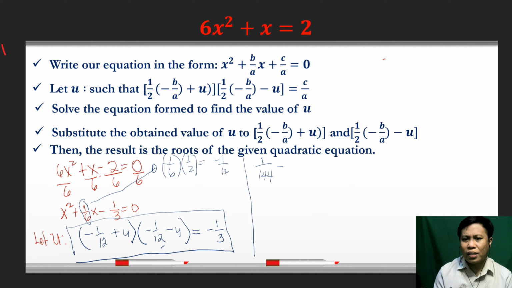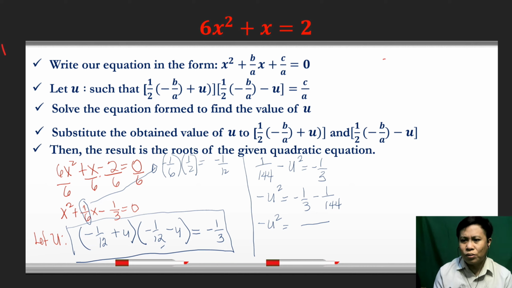Minus, copy the sign, the square of u is u squared equals negative 1/3. So negative u squared equals negative 1/3. We transpose the 1 over 144 to the right side, so it becomes negative 1 over 144. So negative u squared equals negative 1/3 minus 1 over 144.